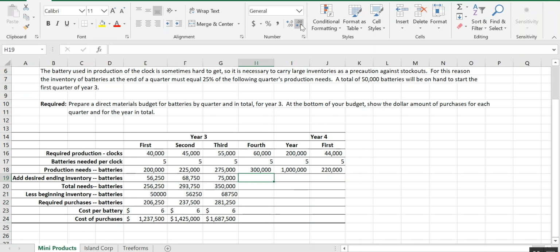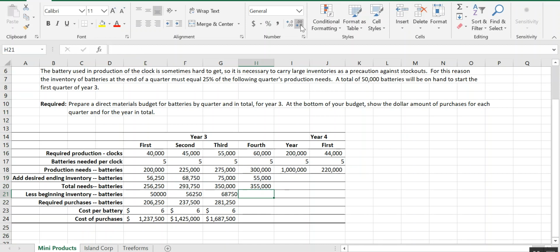We get to the fourth quarter, we're going to do the first quarter of year 4 times 0.25 to give us the desired ending inventory of 55,000 units. We add those to the 300,000 we already have.